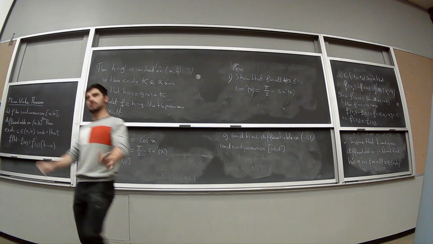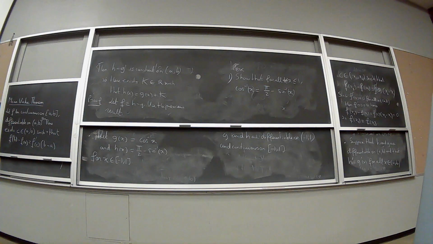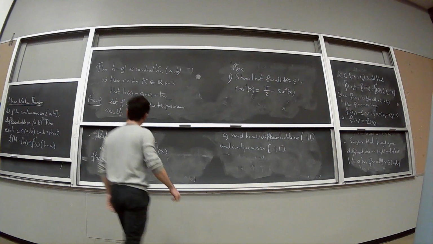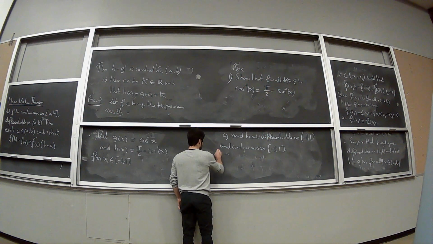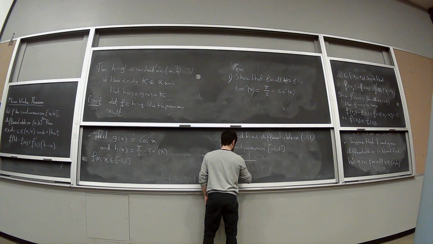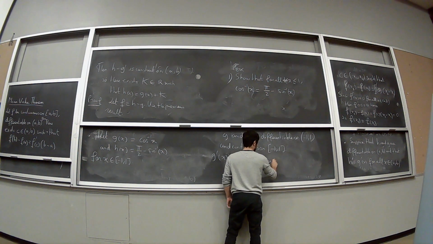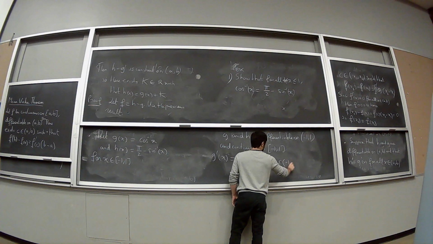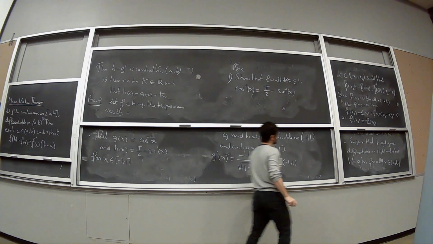You guys see this. So far, there's nothing we have not seen before. Is that clear or not? Yes. Okay, now let me look at the derivative of g. What is g prime of x? It's minus 1 over the square root of 1 minus x squared, for x in (-1, 1).